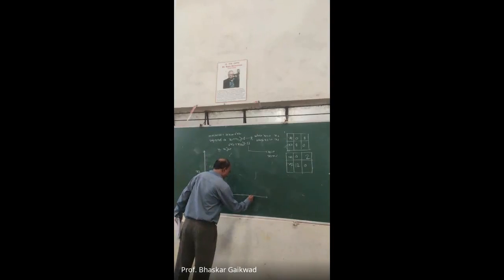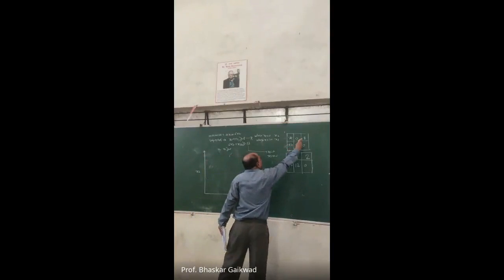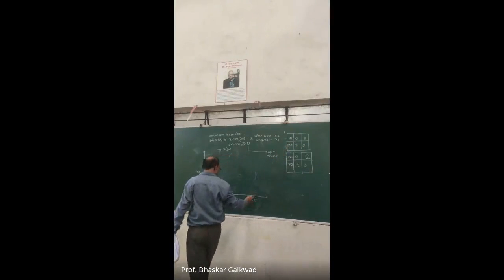So let us consider our first table. Here, in the first table, what is there? 8, 0. This is the coordinate, 8, 0. And here it is 0, 8.